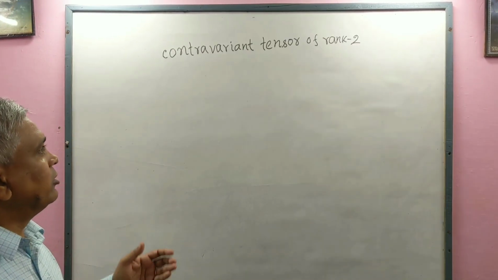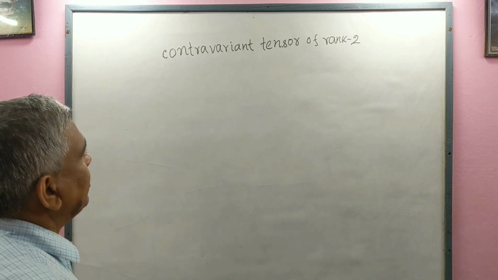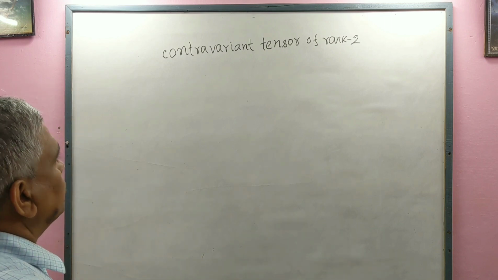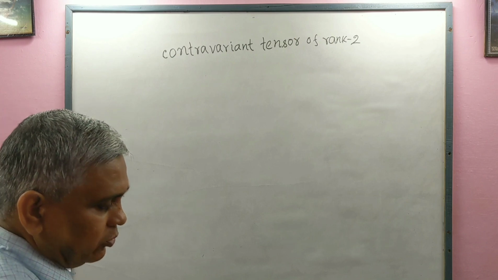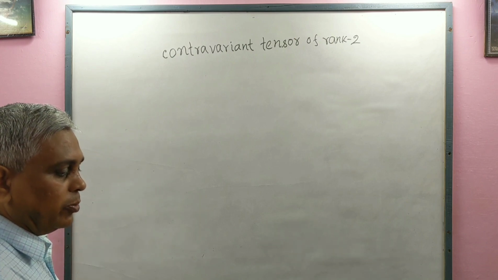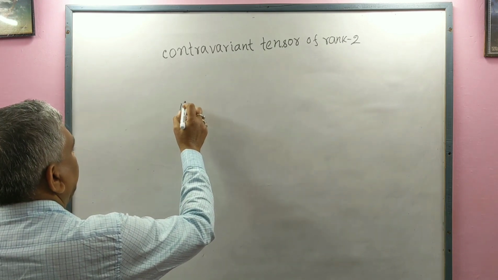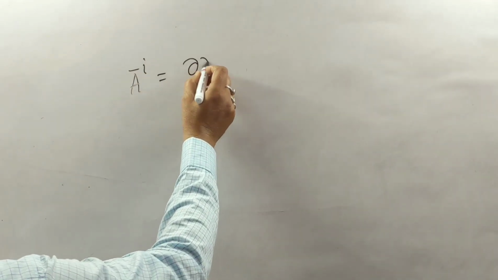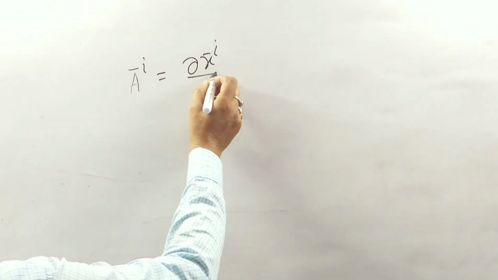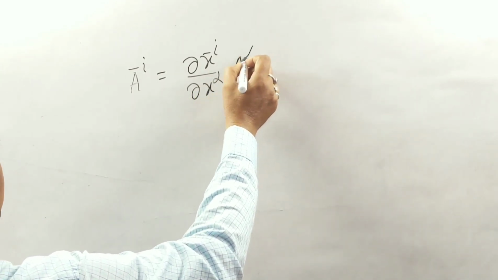Now we will discuss the contravariant tensor of rank 2. As we have already learned, the contravariant vector of rank 1, in which we have seen that a bar i equal to del x bar i by del x alpha a alpha.